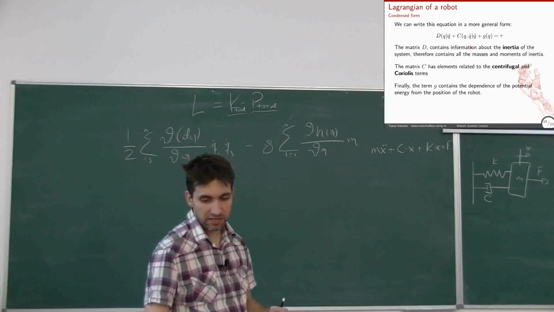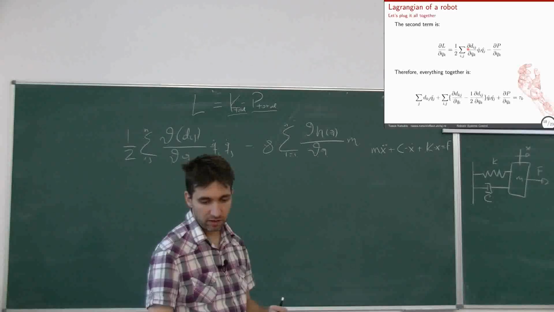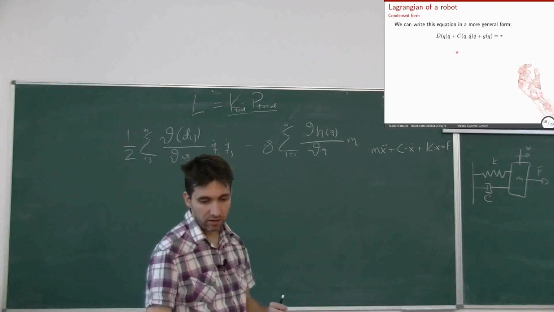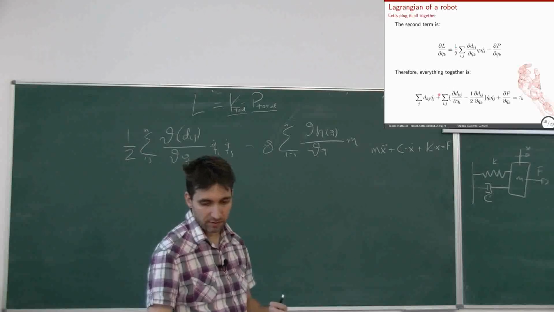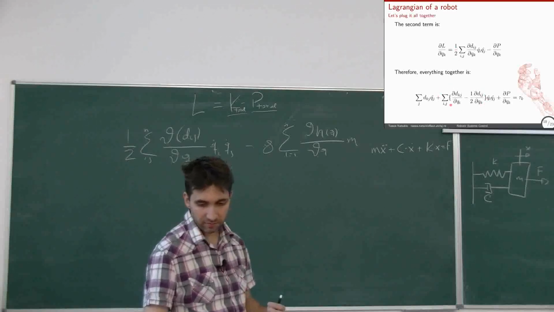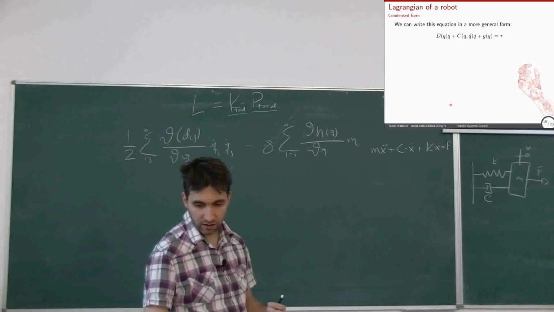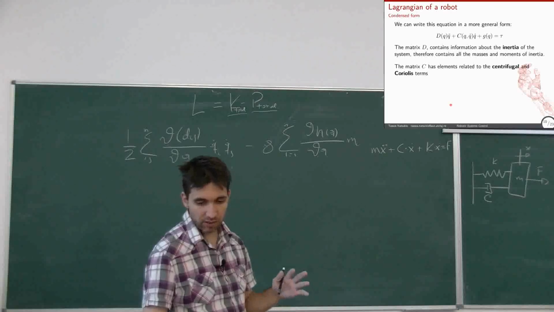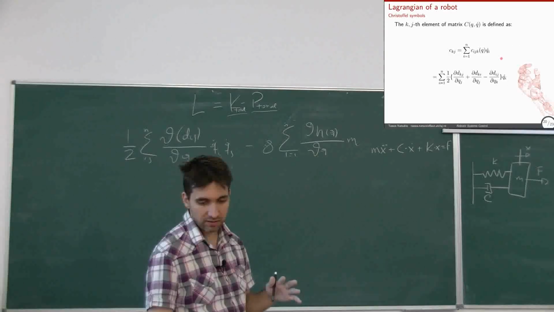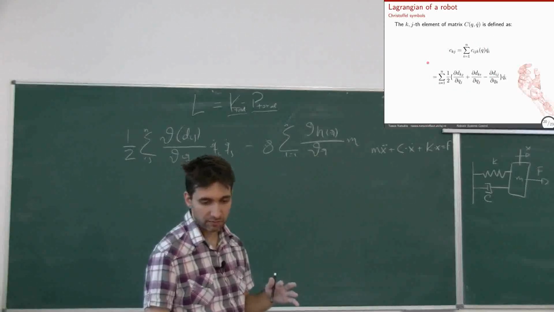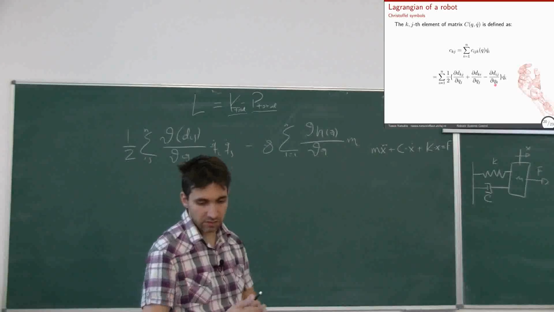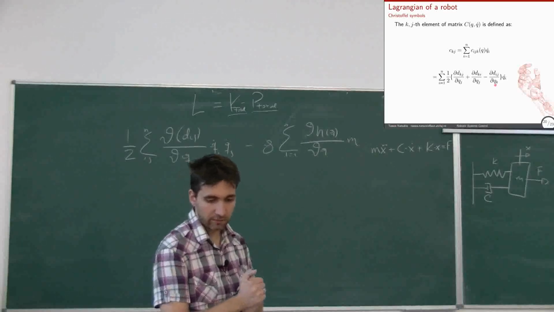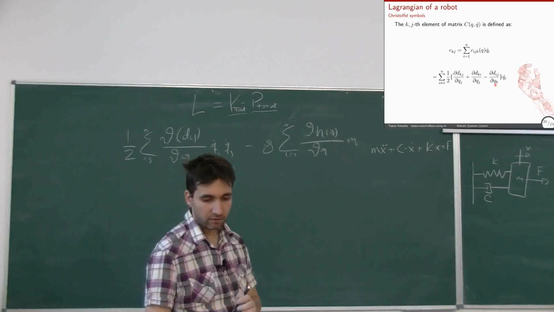Now, I jumped from here to here. You see that I wrote this C as basically these terms here, just to make it more clear what the C is. Don't need to know them by heart, but just for completeness of the story.